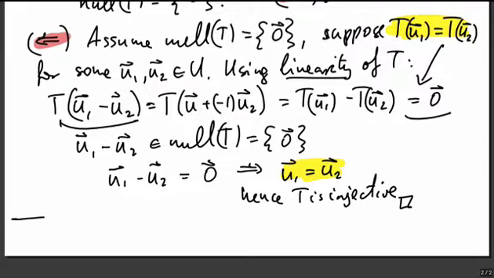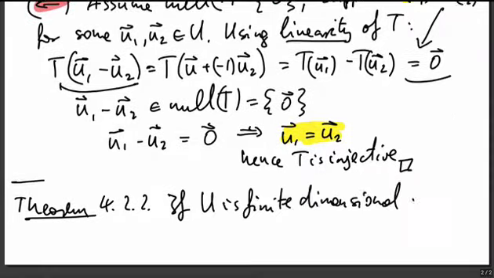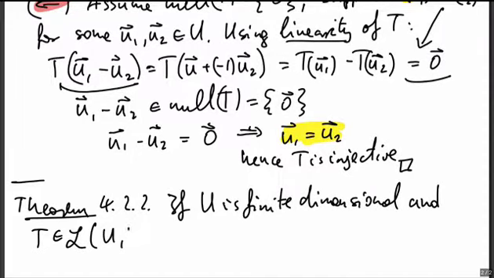We had a homework assignment already about the dimension of vector spaces. This next theorem specifies more details about the dimension. This is theorem 4.2.2. Mostly we work with finite dimensional vector spaces. If U is finite dimensional and we have a linear transformation T mapping from U into V, or maybe onto V, then the image of the transformation is finite dimensional.